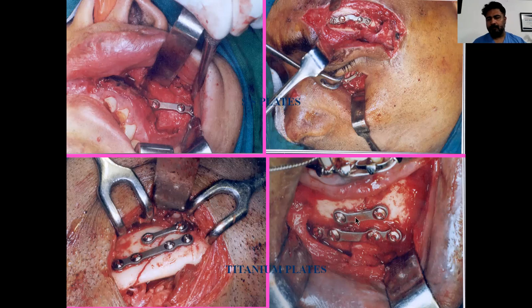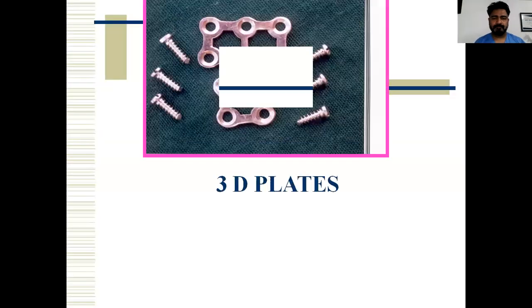So this is the parasymphyseal area. Open the area, and it can be done under local anesthesia also, but mostly general anesthesia is preferred for plating for the cooperation of the patient. If the patient is moving, your plates can be disrupted.